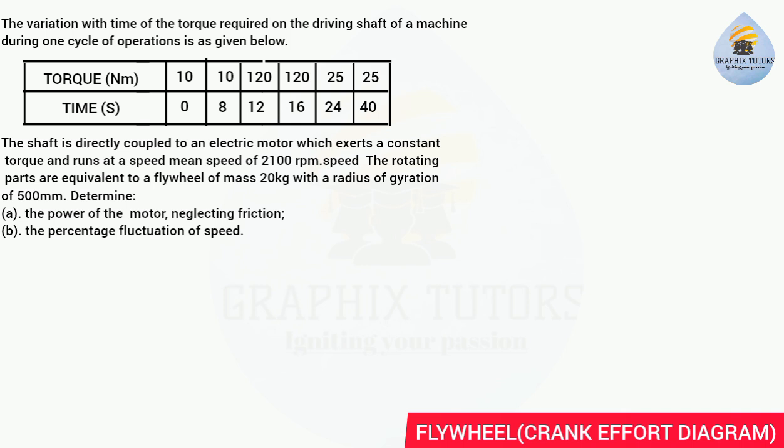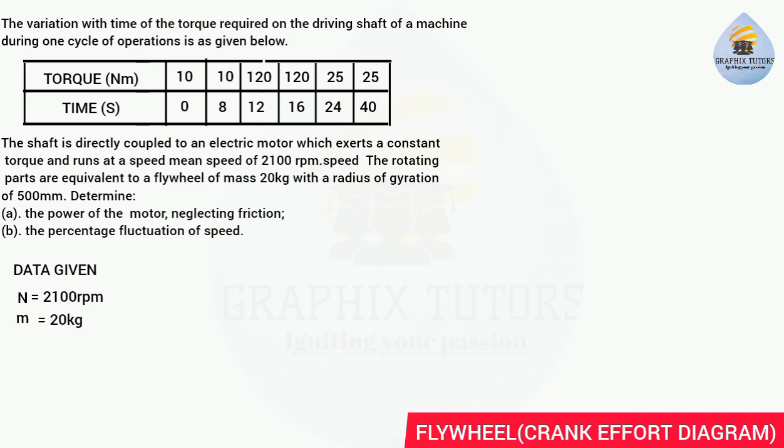Are we together? Now, the first thing you do when you come across questions like this, especially calculation-based problems, is for you to write out your parameters. The parameters given here: the speed in RPM, which is 2100, the mass in kilogram, which is 20.